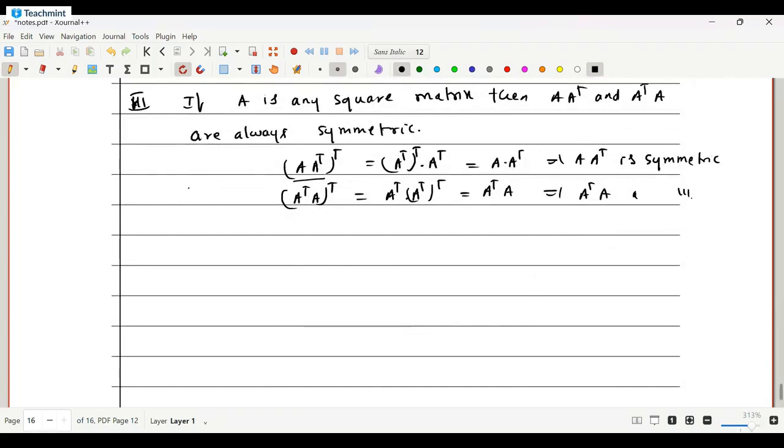Next one. This is 1 and this is 2. This is 3.